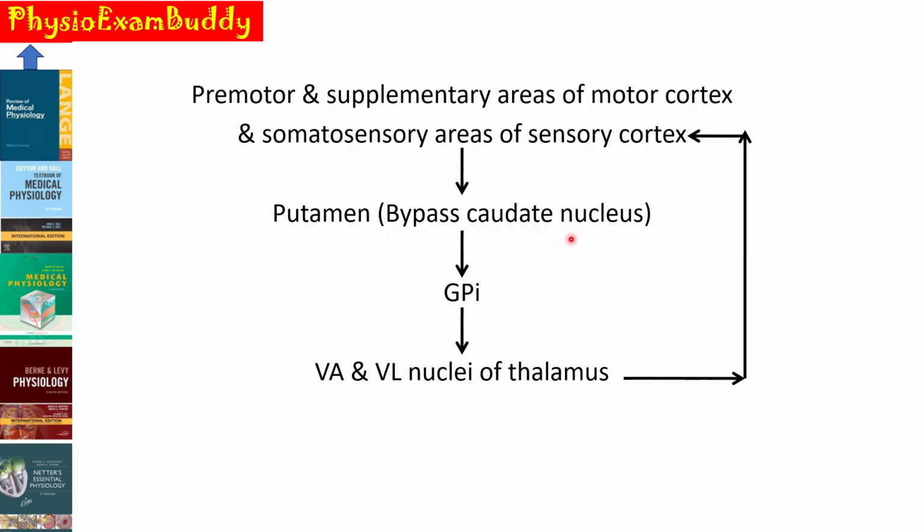You know that the striatum has two parts, the caudate nucleus as well as the putamen, but here the fibers send only to the putamen portion, and from the putamen the fibers are sent to the internal segment of the globus pallidus, and from there the inhibitory fibers move into the ventro-anterior as well as the ventrolateral nuclei of the thalamus, again sending the fibers back to the cortex, forming the cortico-basal ganglia-thalamo-cortical loop.